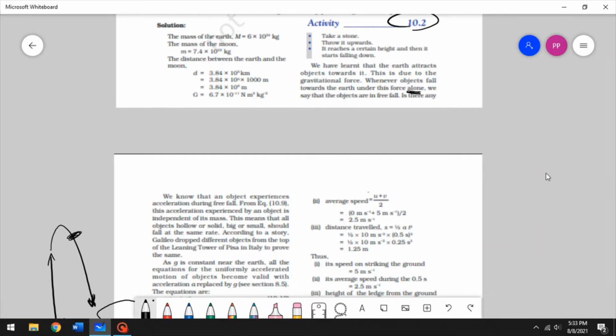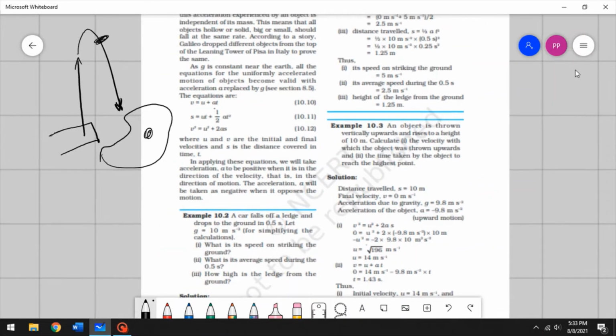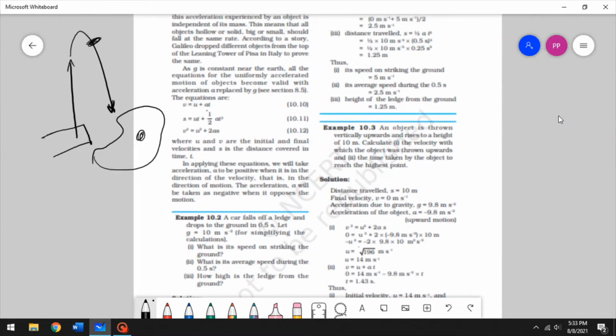It's just under gravity that you're trying to measure it. Then, regardless of the mass or whatever the object constitutes, they should fall to the ground at the same rate. So g, lowercase g, is constant near the earth.